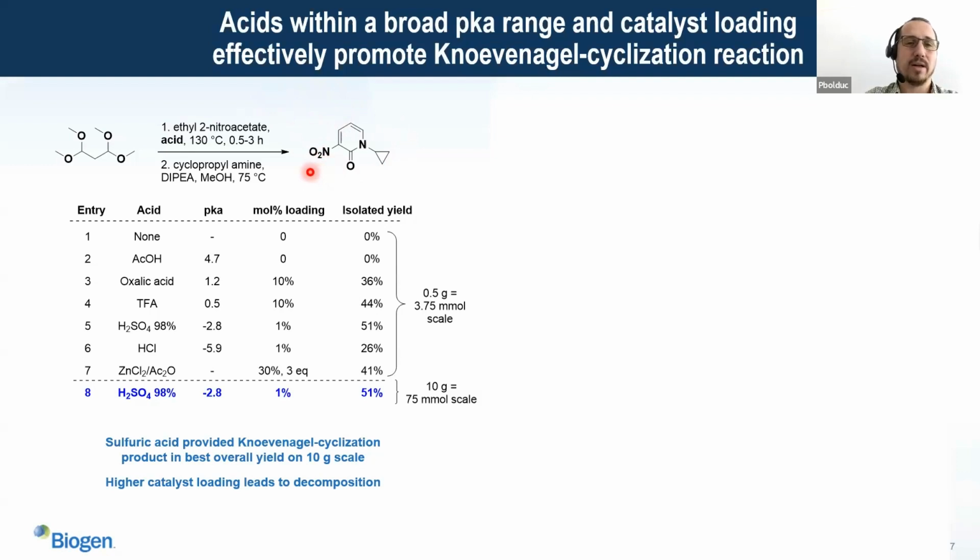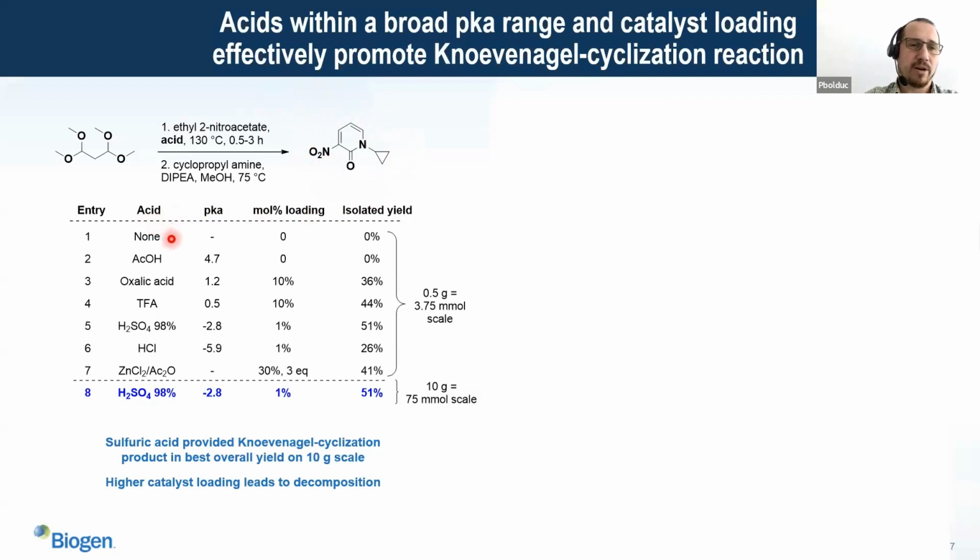And so ever so slowly, just for having a solid, reproducible, quantifiable yield, we would prefer to have the nitropyridone as an end product. Also, I think that just solidifies the methodology as reliable.